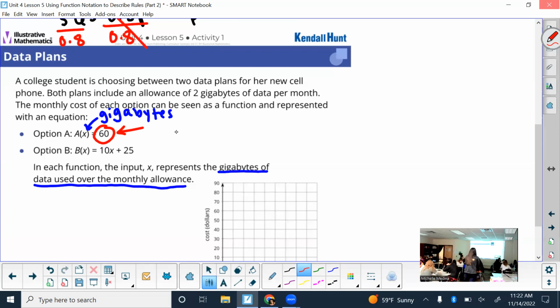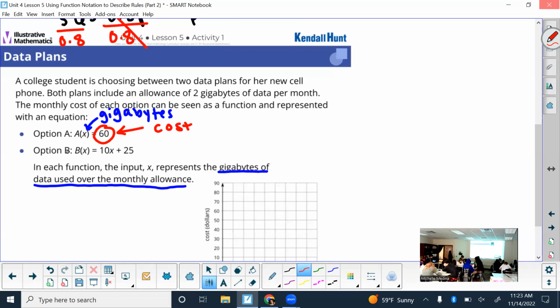No, I heard someone say it, but I want more people to think about it. She's figuring out which data plan she might want to use. So the output would be her, yeah, the cost. The cost when she goes over.